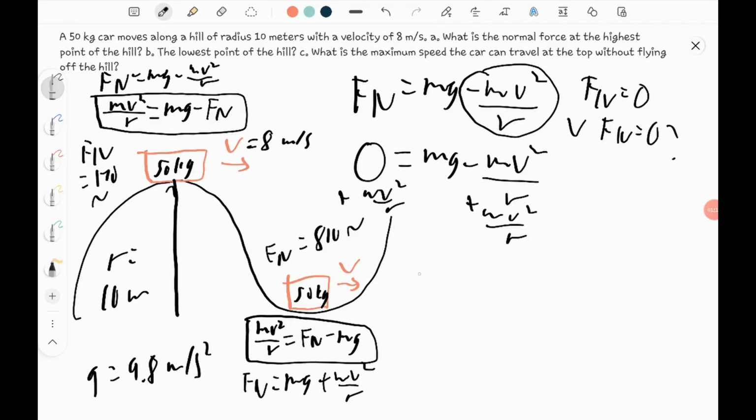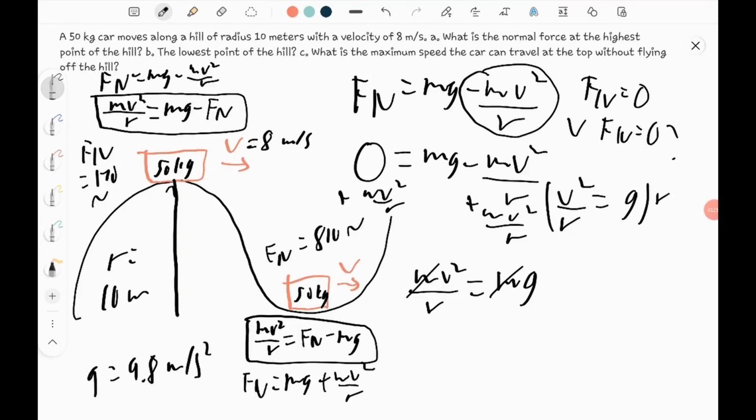So we get that mv squared over r must be equal to the gravity force mg. We have m on both sides, so we can cancel that. So we end up with v squared over r is equal to g. And multiplying both sides by r, we get that v squared is equal to rg.